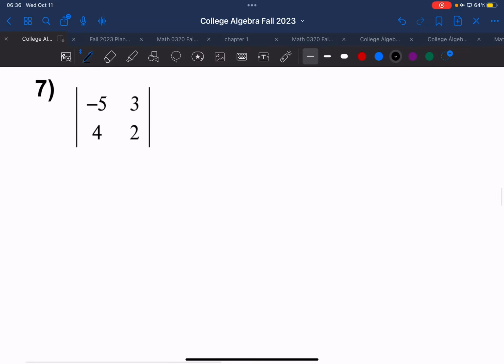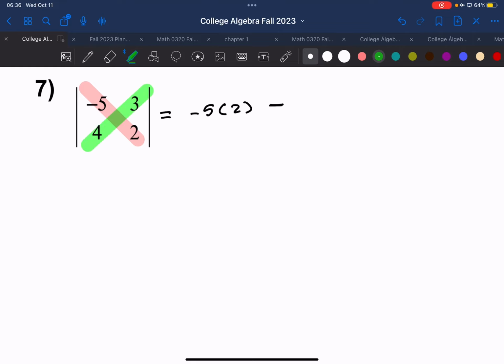So this first example here, remember our formula is always multiplying this diagonal first. So this is going to be -5 times 2. We always subtract, and then we multiply the other diagonal. So 4 times 3. Once we multiply the diagonals, now we're just simplifying this expression.